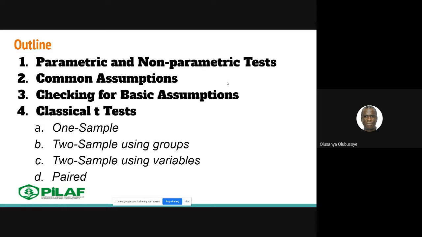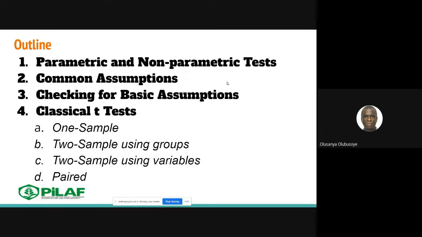Again, we will look at basic common assumptions that underlie parametric tests. You need to be sure that those assumptions are valid before parametric tests can be employed.